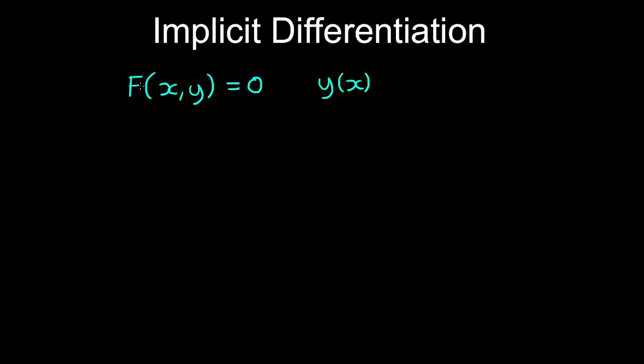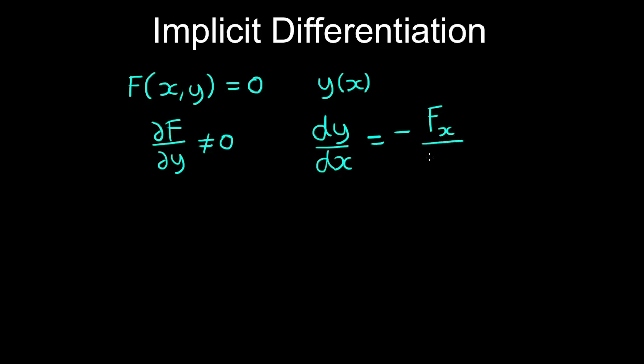Then at any point where the partial derivative of f with respect to y is not 0, we can obtain dy/dx as the negative of the partial derivative of f with respect to x on the partial derivative of f with respect to y. So this can be shown using the chain rule.